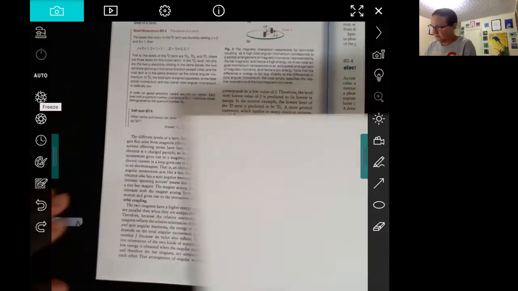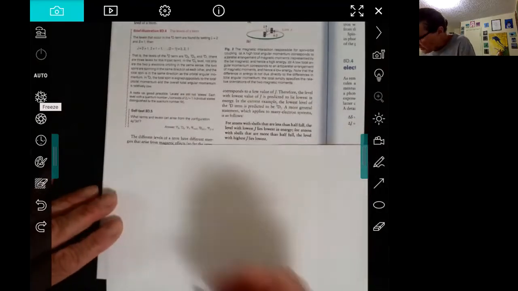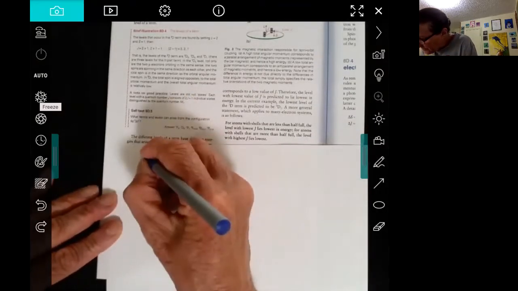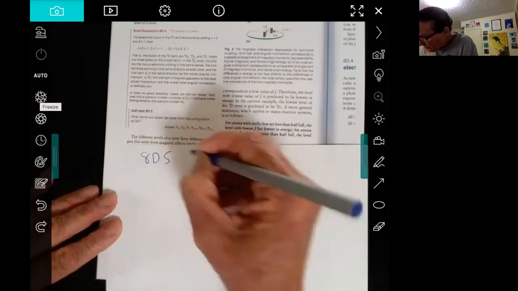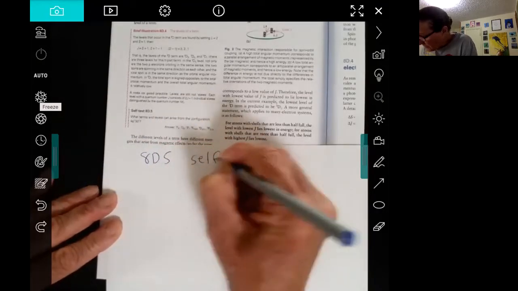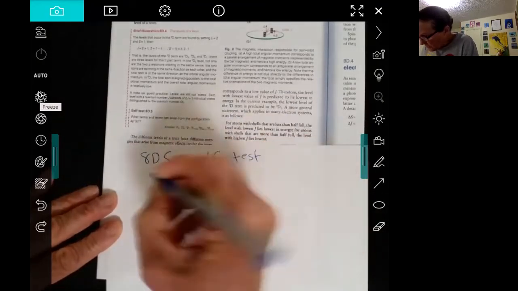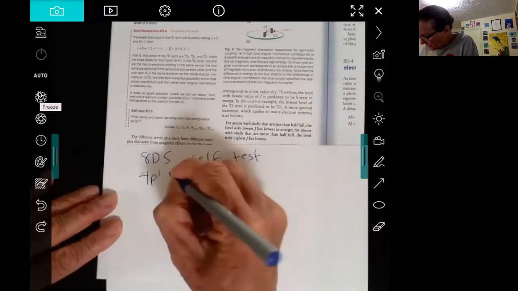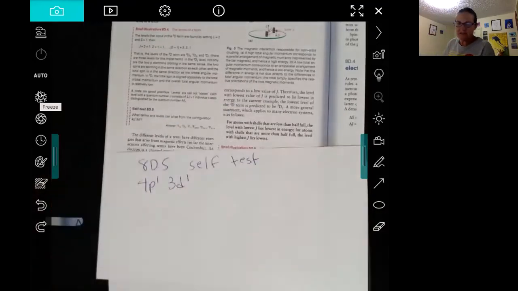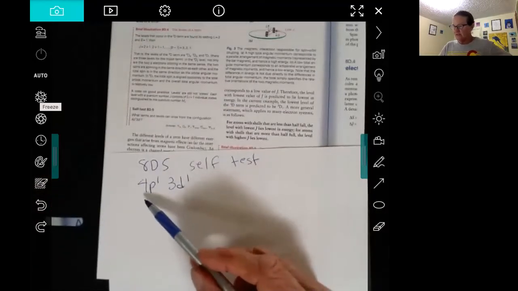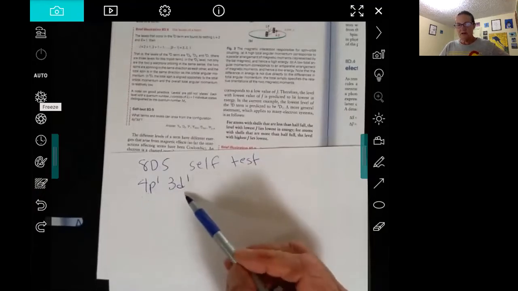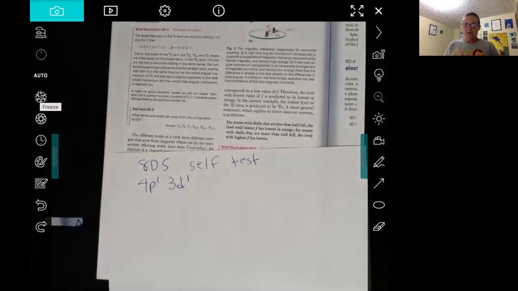Maybe I have room to do it on here. And this is for a configuration 4P1 3D1. What we're really thinking about is, when you say something has an electron configuration of 4P1 3D1, you've thought of that in the past as an energy level.